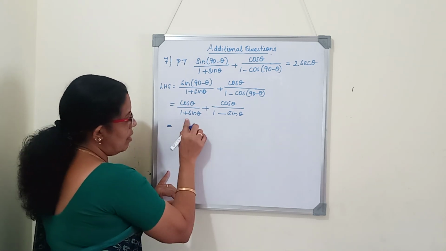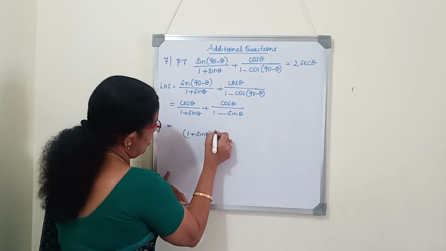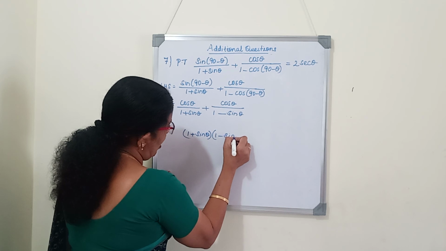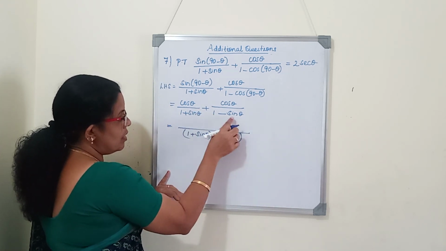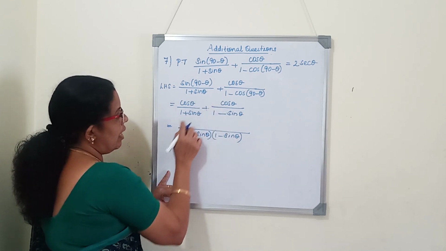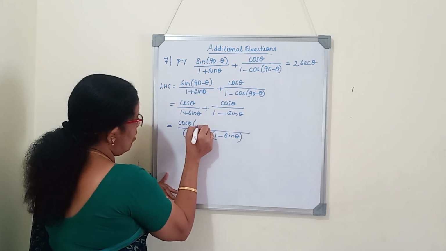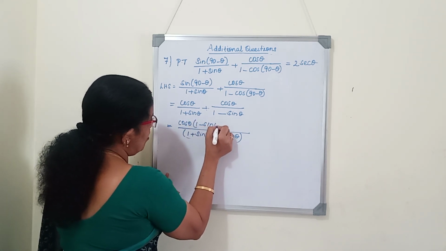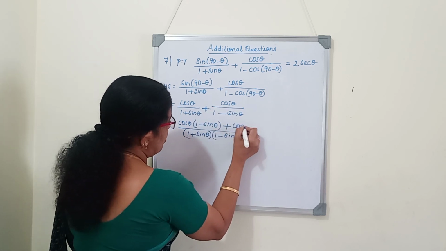As the denominator terms are different, 1 plus sin theta into 1 minus sin theta is the LCM. So I told you last time, if the terms are different in the denominator, we can directly cross multiply. So here cos theta into 1 minus sin theta plus this cos theta into 1 plus sin theta.